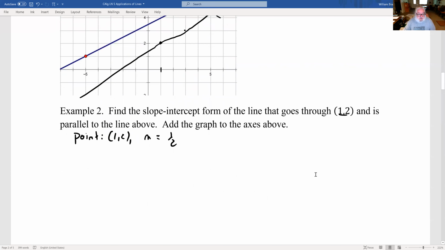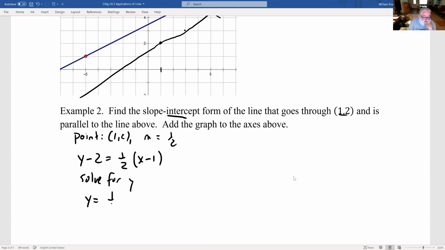So if I know the point and the slope, we can use our point slope formula. Right, and then to find the slope intercept form, we solve this for y. So y equals 1/2 x minus 1/2 plus 2, right?